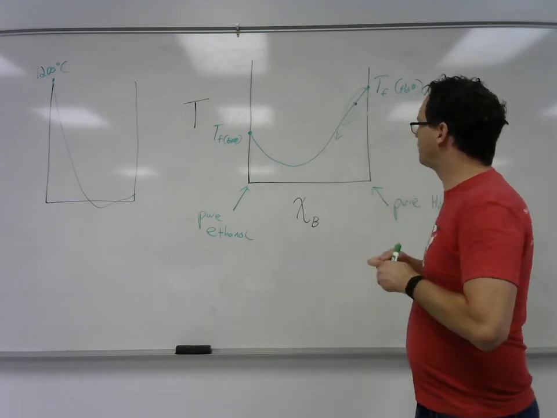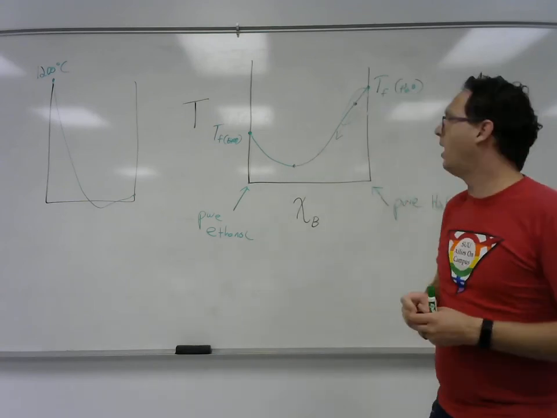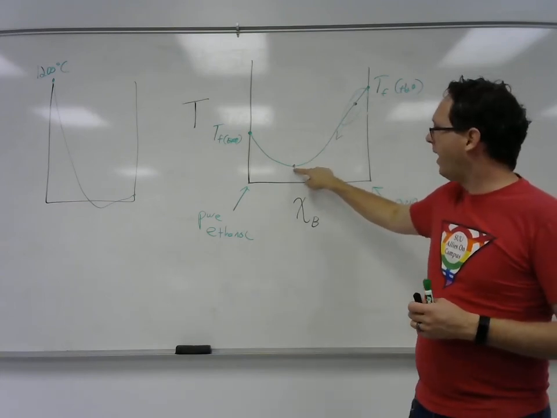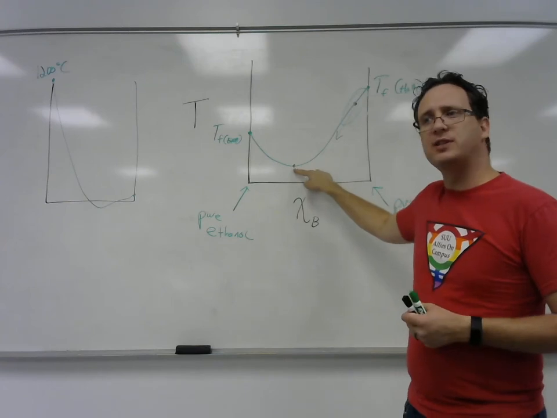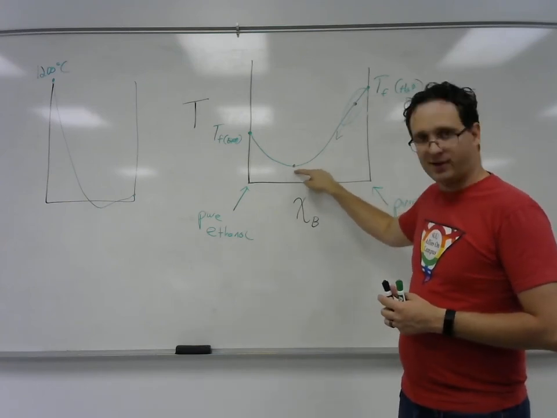And eventually you'll reach this point right here, the eutectic point, and at that point now you'll have reached a minimum freezing temperature, and everything will freeze out together and it will remain there.